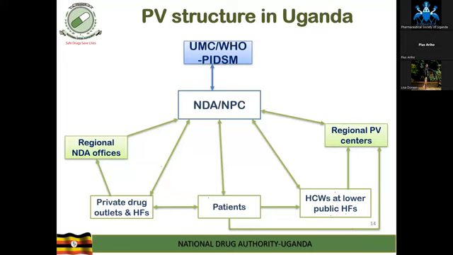We have what we call a regional pharmacovigilance, which receives reports from the lower health centers and the public domain. Then the national pharmacovigilance center documents them.